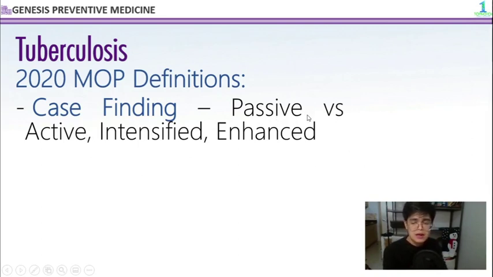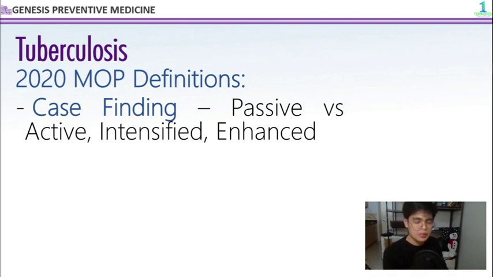Passive means the TB patient comes to the TB DOTS, for example, for consult. Active means that the TB DOTS staff will look into high-risk clinical groups or high-risk areas for active cases. Intensified means there is contact tracing essentially.